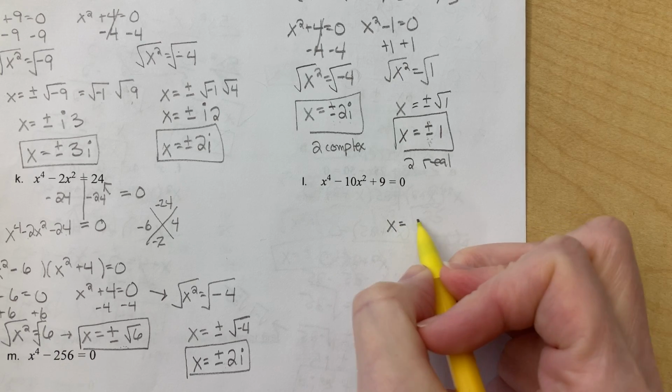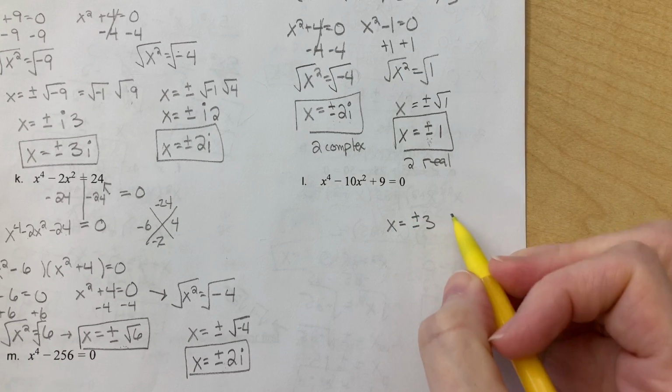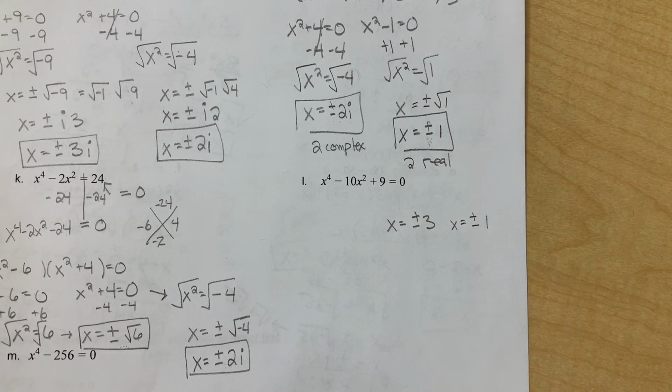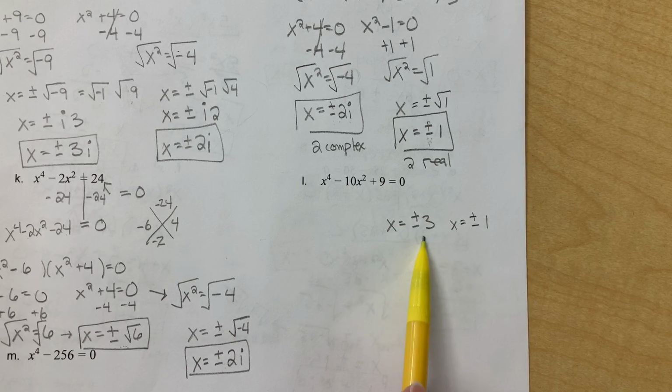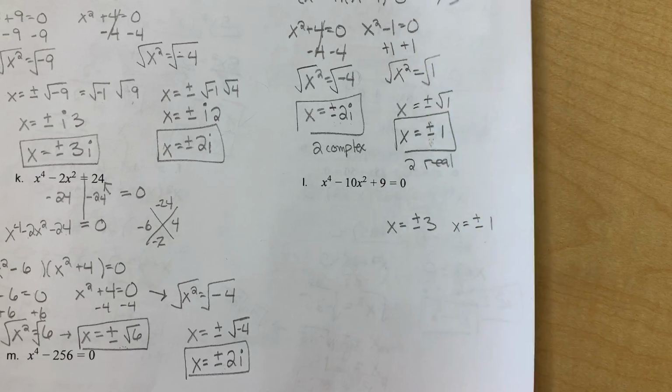I will tell you that you should get plus or minus 3 and plus or minus 1. So all 4 of these are real roots, real solutions. So if you graphed this, you would see 4 x-intercepts: 1 at positive 3, 1 at negative 3, 1 at positive 1, 1 at negative 1.